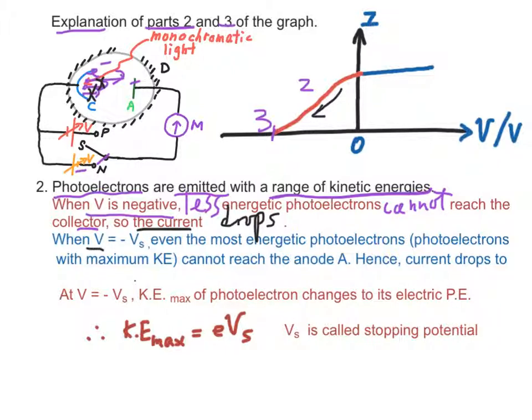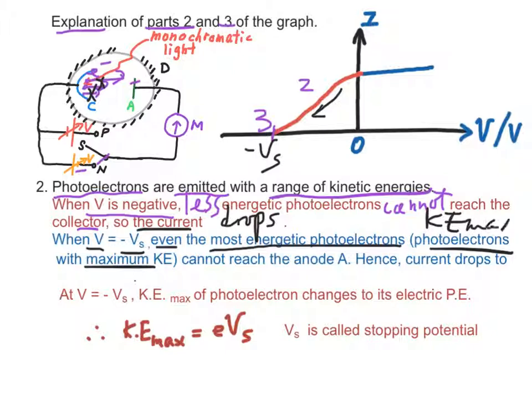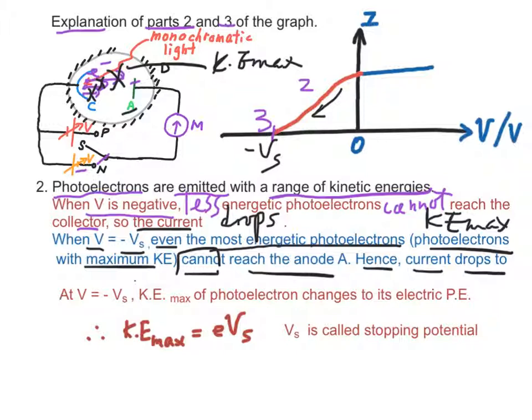When V equals negative Vs, even the most energetic photoelectrons, that is, the photoelectrons with maximum Ke, cannot reach the anode. Hence, no photoelectrons can reach the anode. In this case, the current will drop to 0.